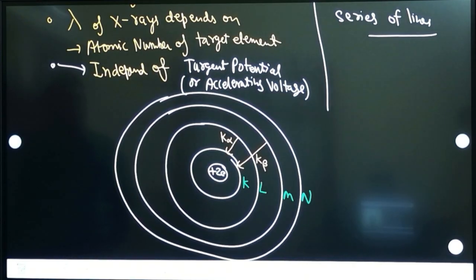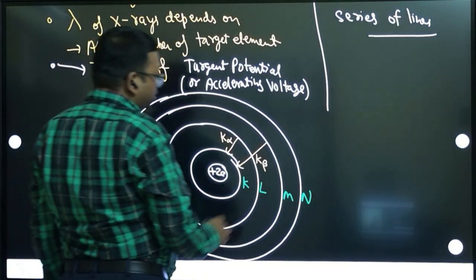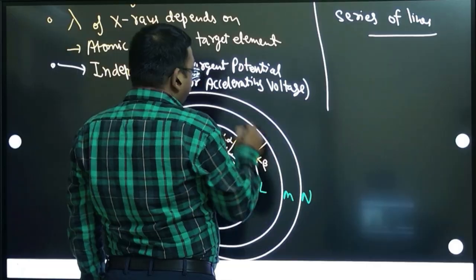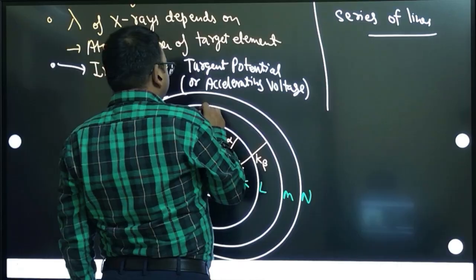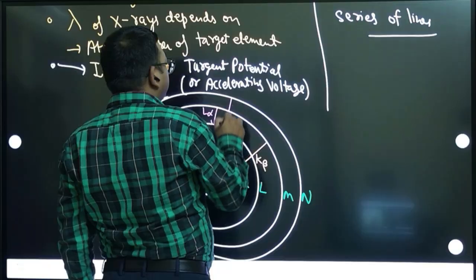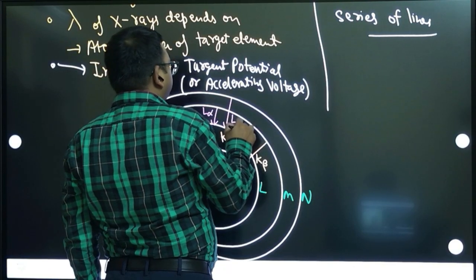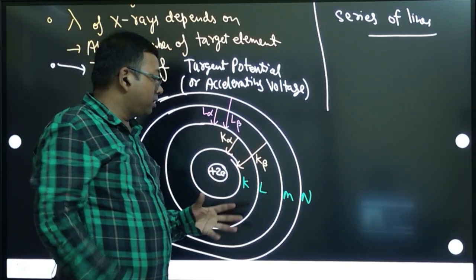Likewise, similarly, we can have L alpha and L beta. L alpha means it's coming from M to L, and if it is coming from N to L, it's called L beta. All these are photon transitions happening. This is the target.